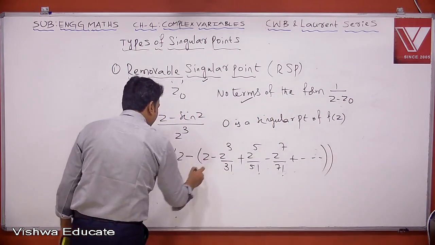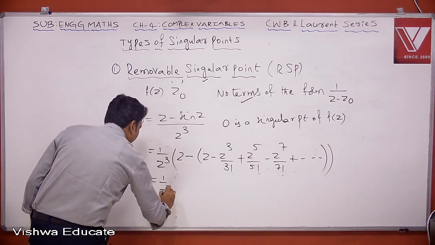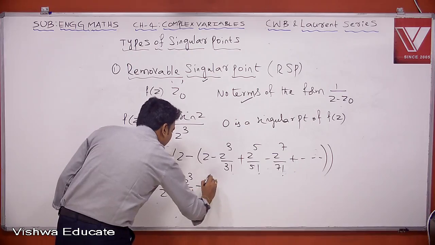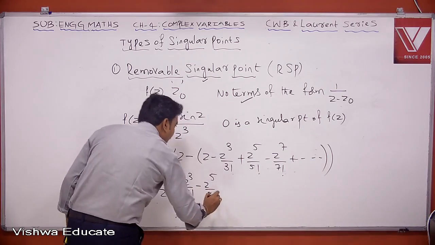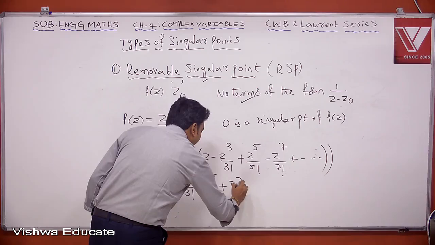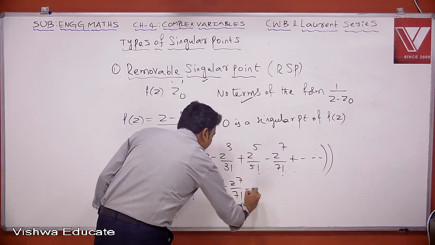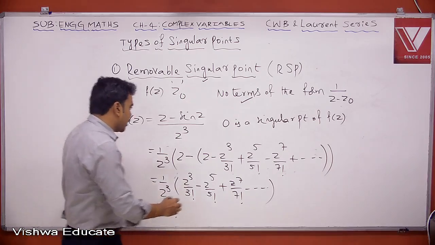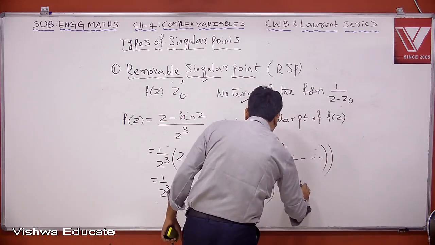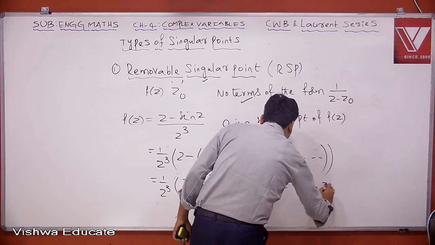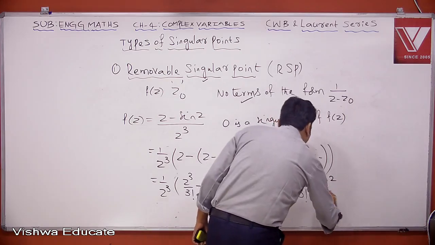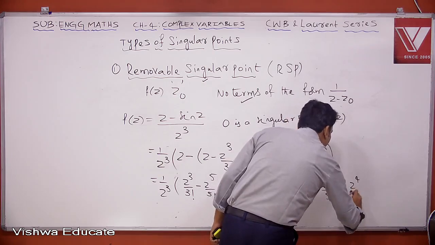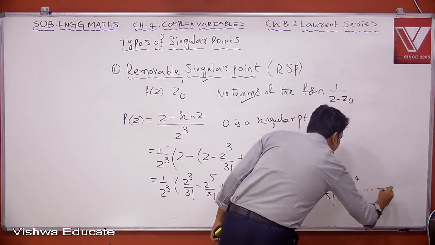Now this z and z will be cancelled, so it is 1 by z cube into z cube by 3 factorial minus z power 5 by 5 factorial plus z power 7 by 7 factorial minus and so on. Now you multiply with 1 by z cube, this expression becomes 1 by 3 factorial minus z square by 5 factorial plus z power 4 by 7 factorial minus and so on.